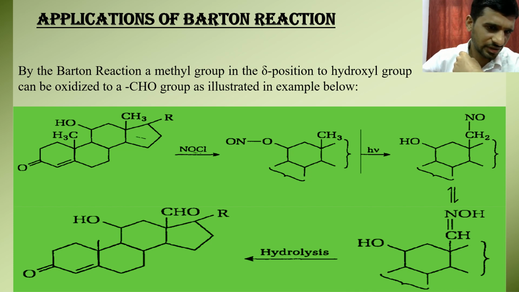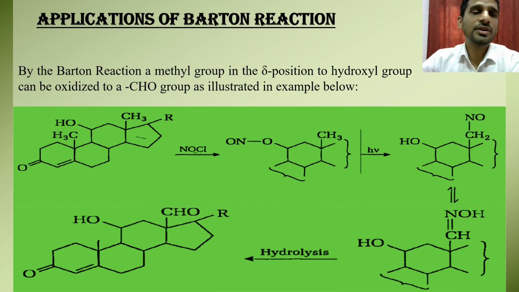The rest of the ring is similar, so it is not drawn over here. Whatever change is happening in this molecule is restricted only to this part of the molecule, so there is no need to draw the other part. This curly bracket over here shows that the rest of the structure is similar.